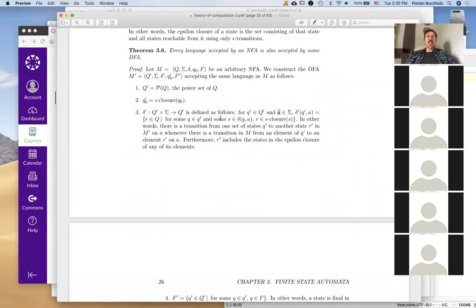We're building a set here. It's the set of r's for which there exists a transition in the original NFA.